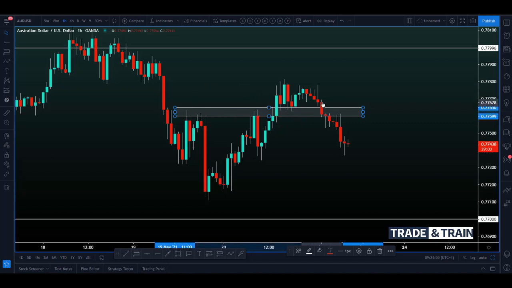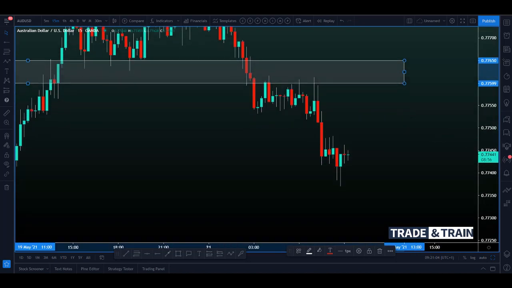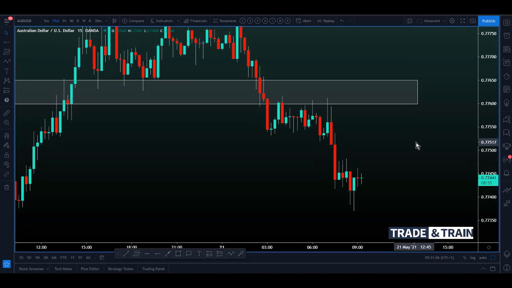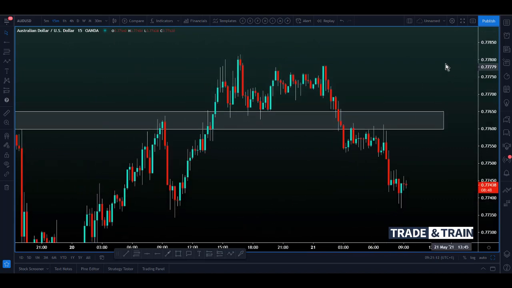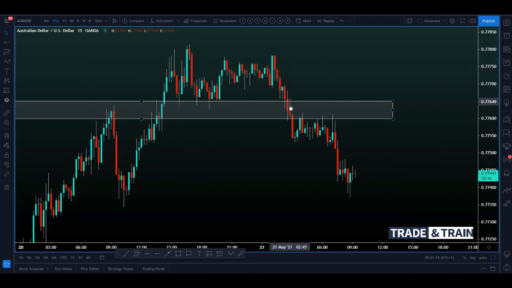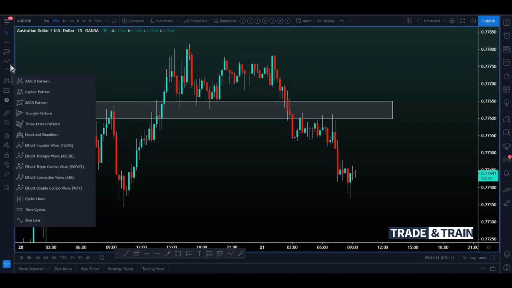resistance, support, and then if you look at something like the 15-minute, there might have been, yeah, look at this. This is why I say you'd have to go into the smaller time frames. We push below the level, and then look what happens. We get this small support here.